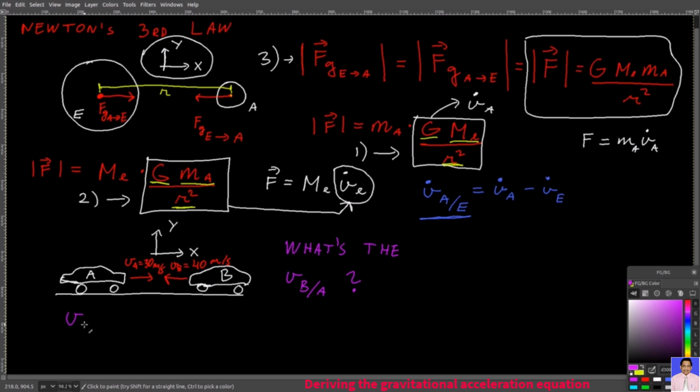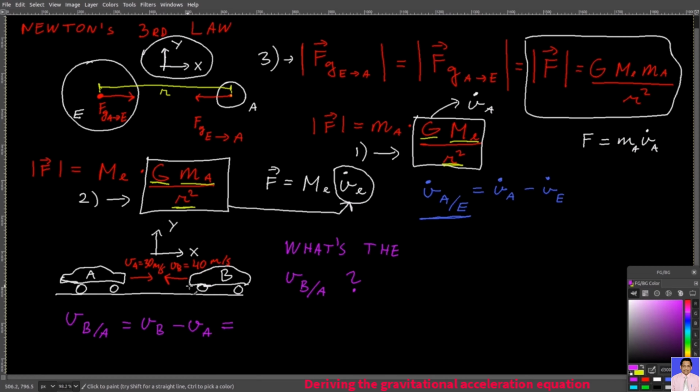Well, the velocity of car B with respect to car A would be the velocity of car B relative to the inertia frame minus the velocity of car A relative to the inertia frame.